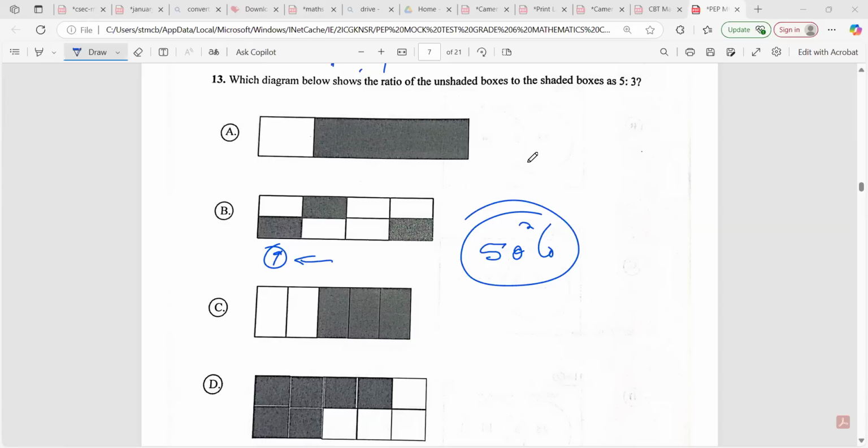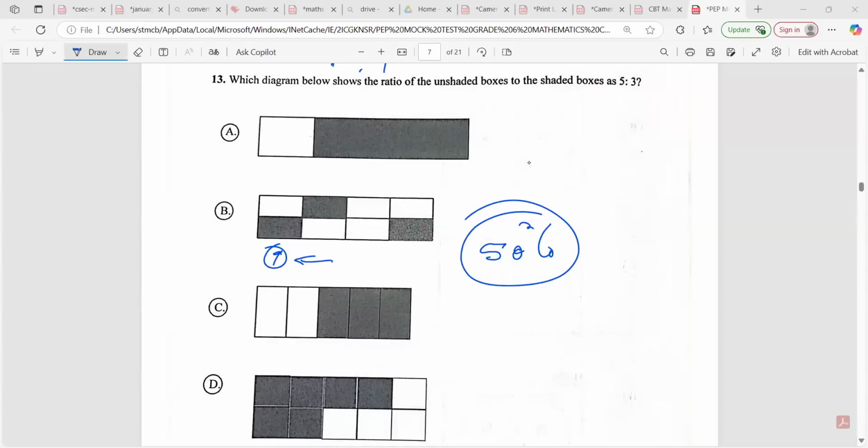If we look at A, it's just one thing, and only a part of it is shaded and one part is not shaded. So it's gonna be 1-1, I think.